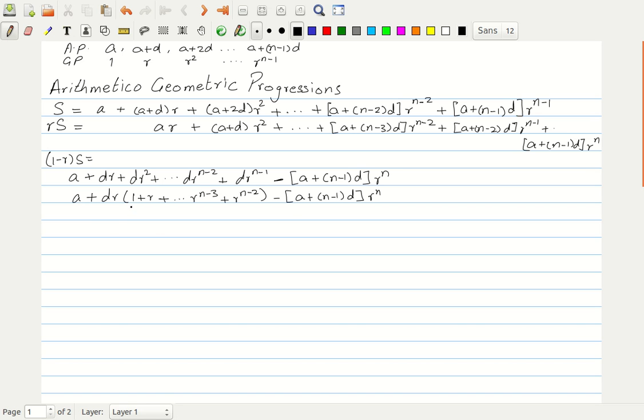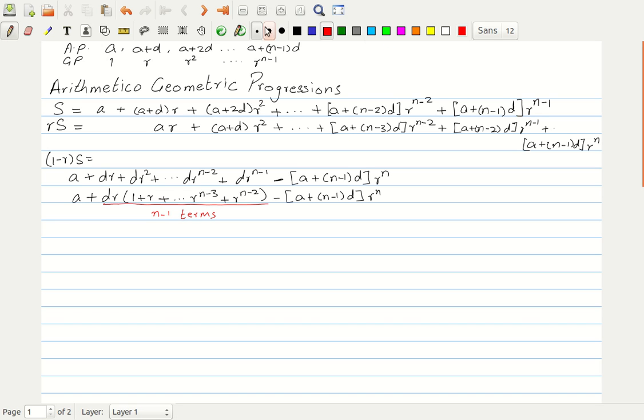Now I want you to notice that this is again a geometric progression, and how many terms are there in this geometric progression? 1 to n minus 2. So there are actually n minus 1 terms in this geometric progression.